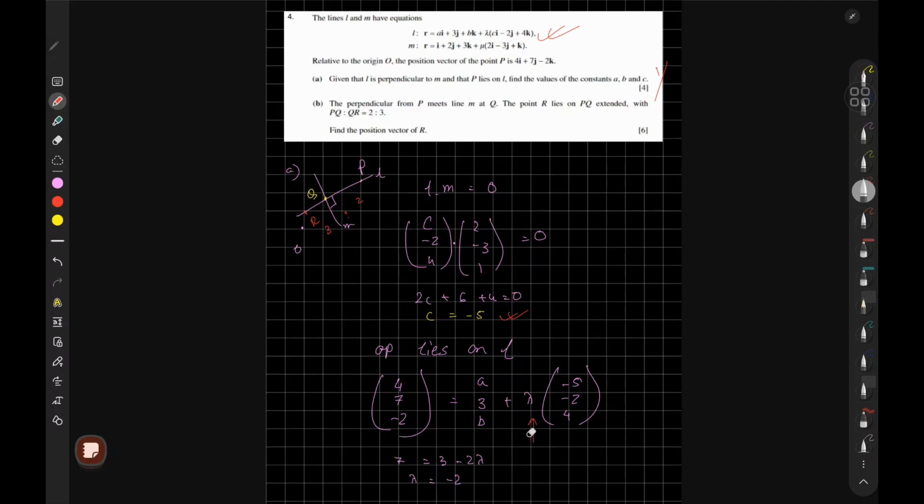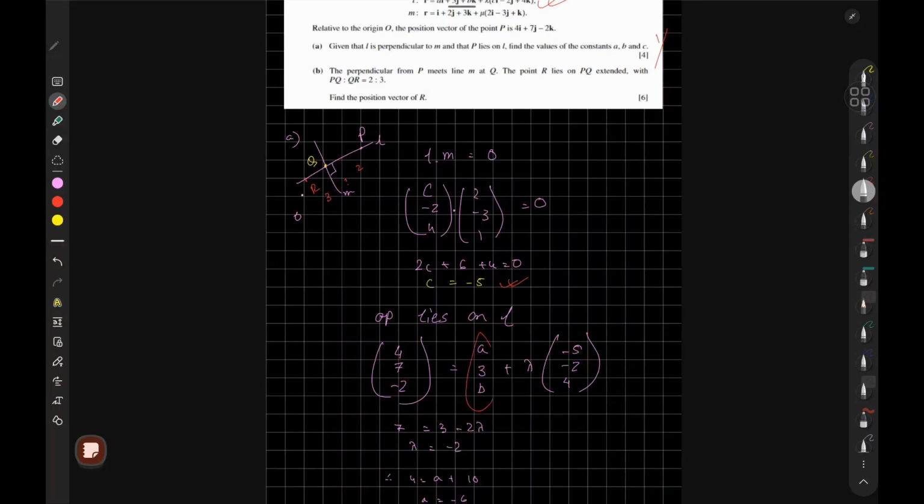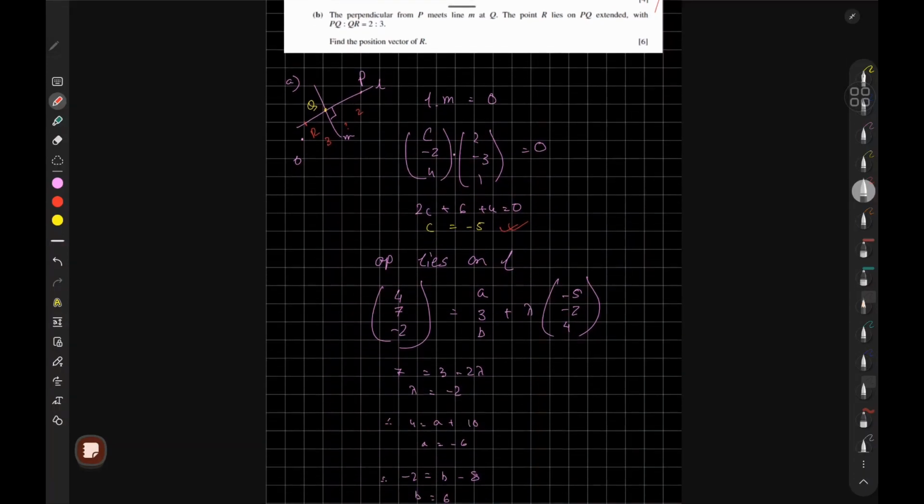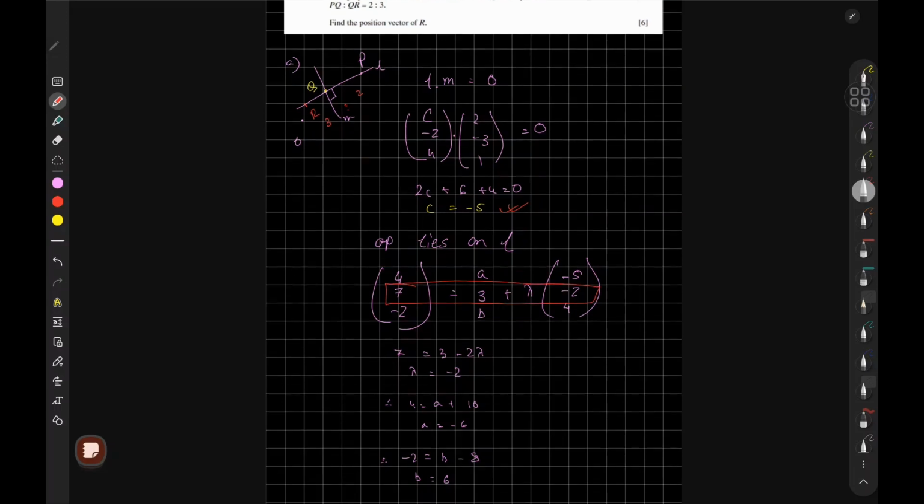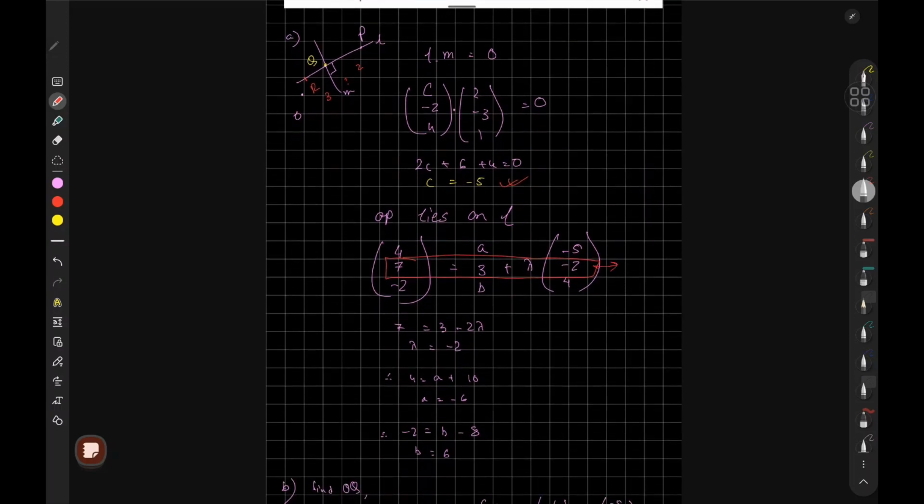Right. So you can write this equation in this form, and now compare all of the parts. First of all, your job is to find lambda. You're going to take the middle part, the j, because there are no constants over there. And you can easily find lambda: 7 is equal to 3 minus 2 lambda.